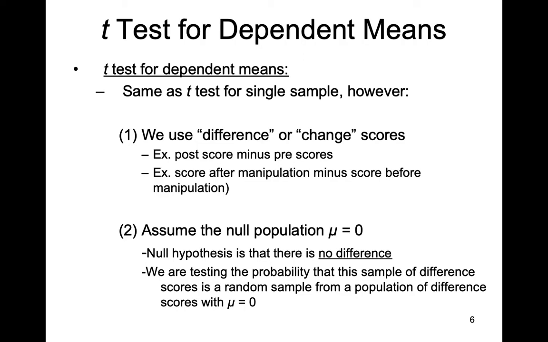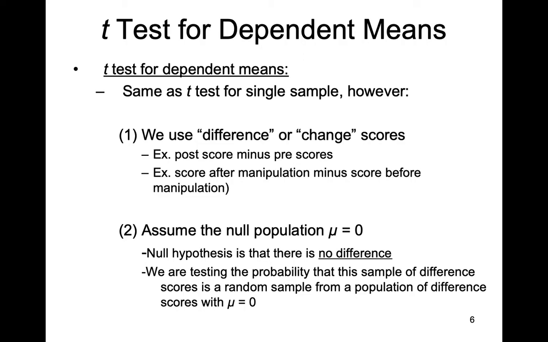And this is where it gets a little bit more technical, but what we're actually going to test with our t-test for dependent means is the probability that we get a sample of difference scores, and that is a random sample from a population of difference scores with a mean of 0. Okay, so it's a similar idea.